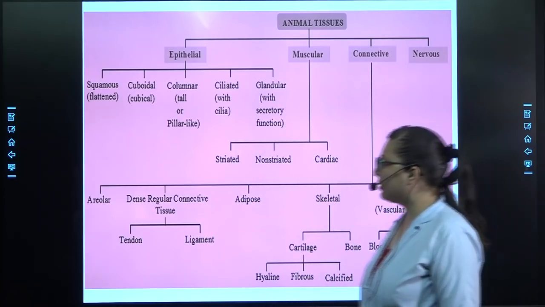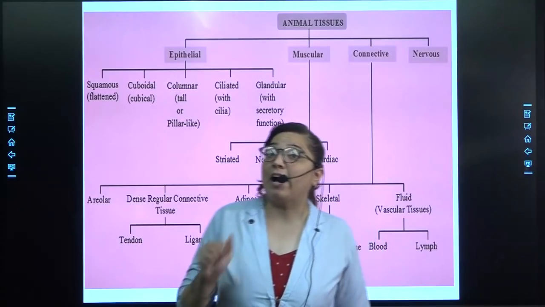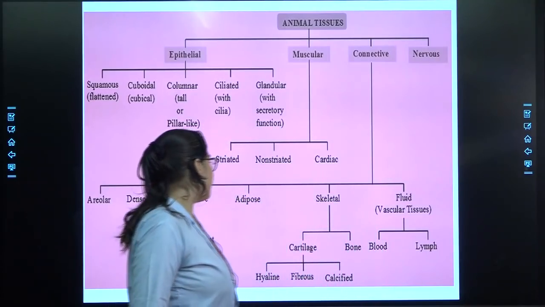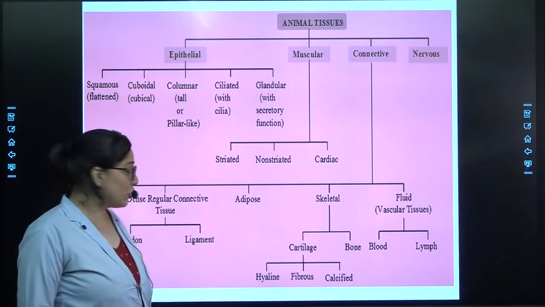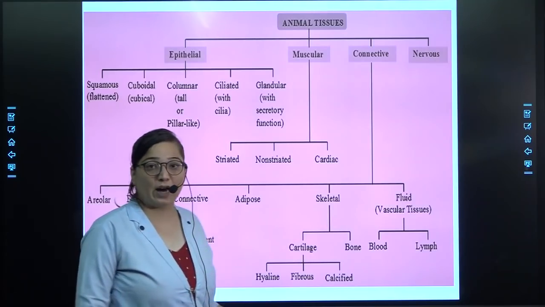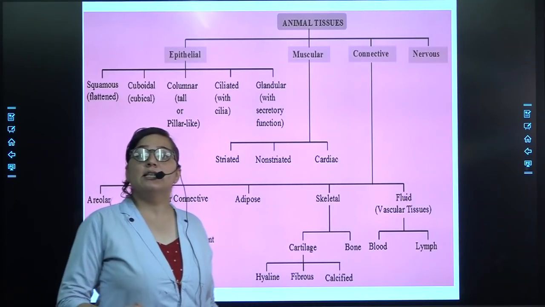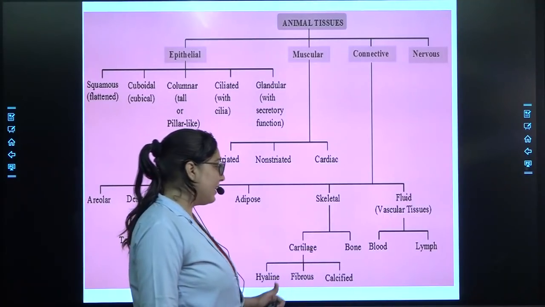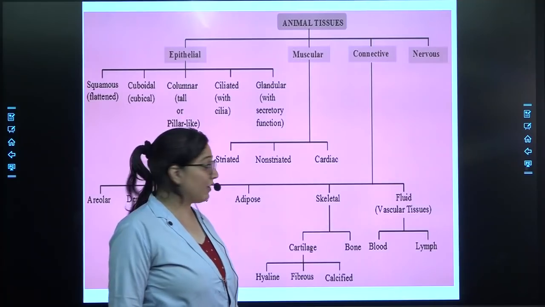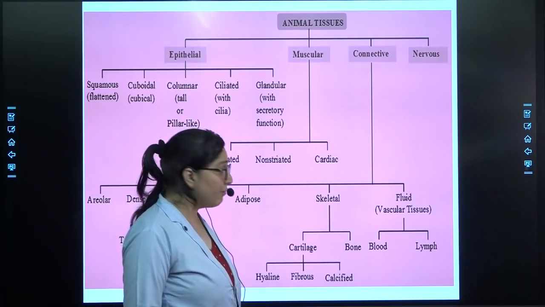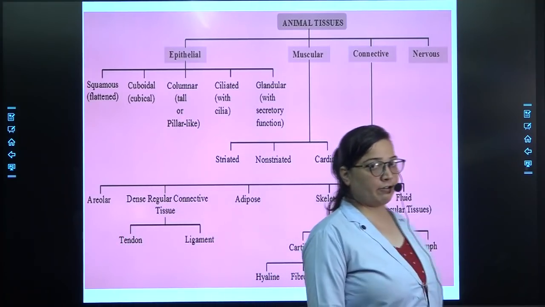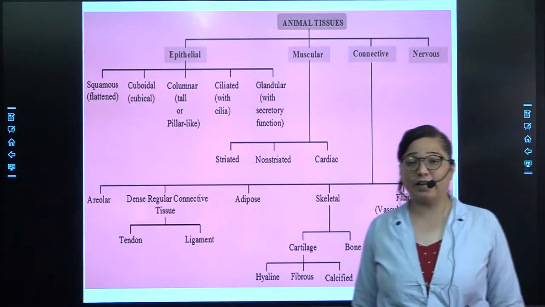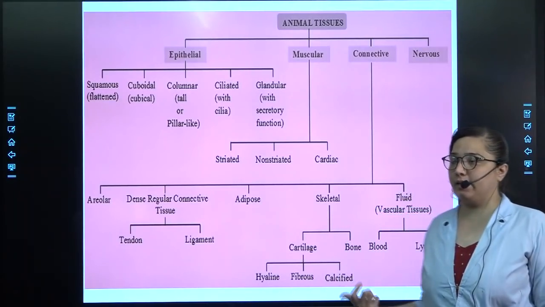If we talk about the connective tissue, there are 5 types: areolar tissue, dense regular tissue that is further bifurcated as tendon and ligament, adipose tissue, skeletal tissue that is further bifurcated as cartilage and bone. Coming to fluid connective tissue, it is further bifurcated as blood and lymph.